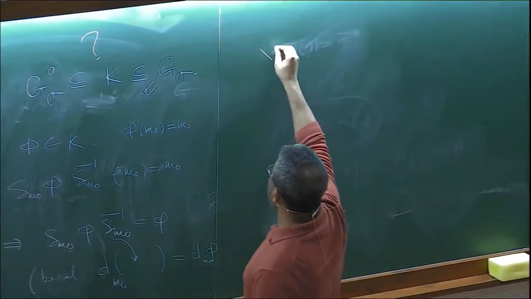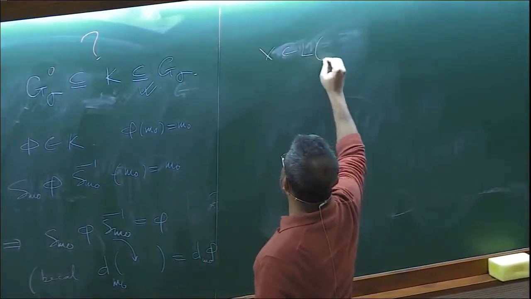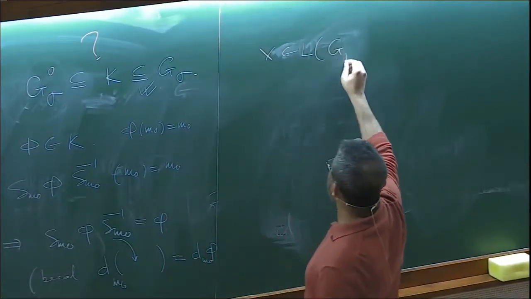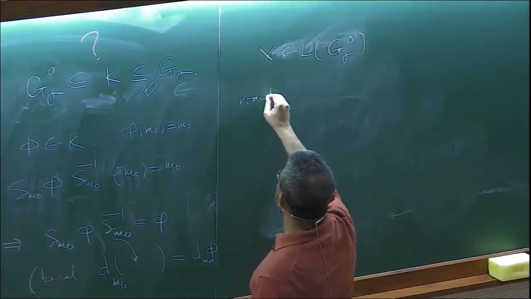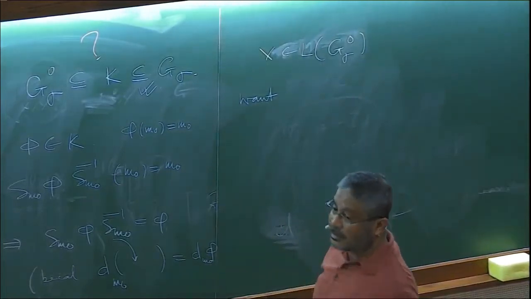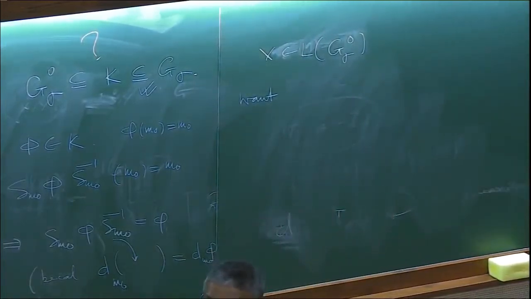So I take an element X in the Lie algebra of this sigma. I want to prove, so a connected group is generated by the image of the exponential map, right?